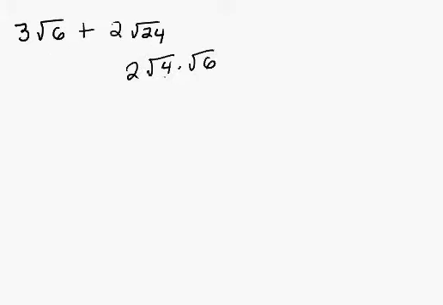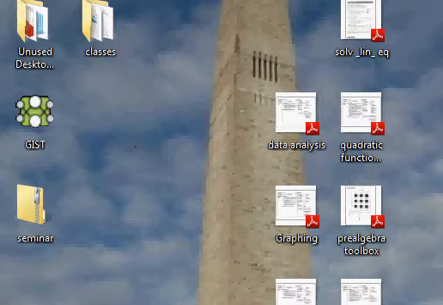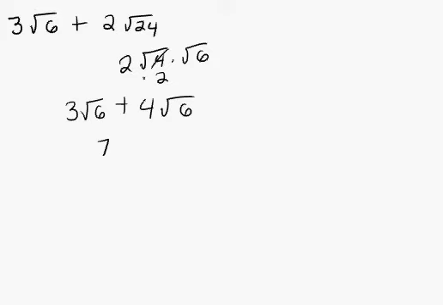Radical 4 is just 2, so I'm going to simplify that as 2. So it's 2 times 2, which is 4 radical 6, and then I have my original 3 of that same quantity, radical 6. If I have 3 of something and 4 of something, I have 7 of that something. So I have 7 radical 6.